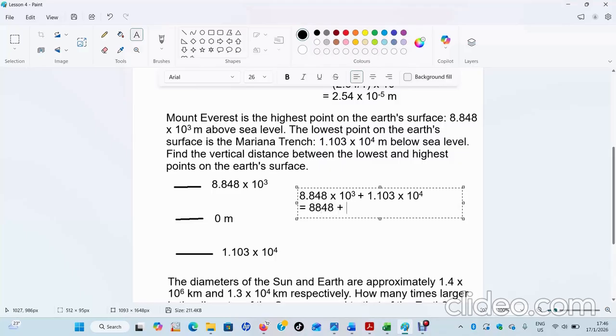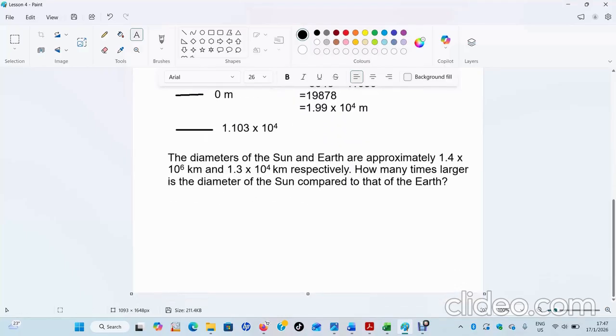You decompose them back to their original format, and then do the addition, whether you use a calculator or manually. Then the answer that you get, 19,878, express it back to standard form, which becomes 1.99 times 10 to the power 4 meters. That is to 3 significant figures.